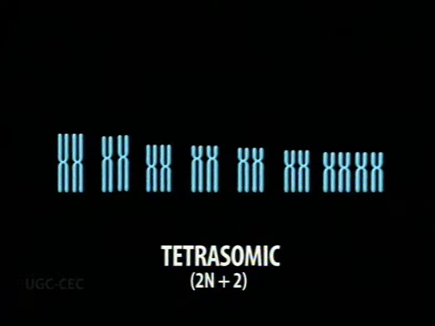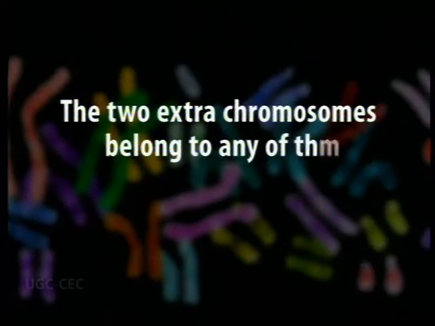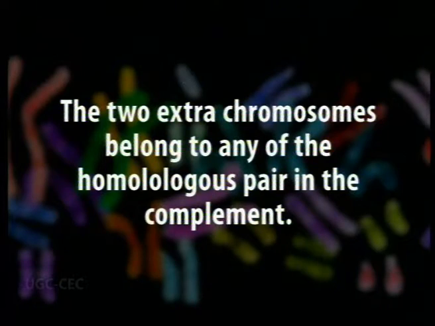Then next one, tetrasomic condition. It is a condition where a whole chromosome pair is extra in an individual, so that a particular pair of chromosomes which is extra is present 4 times in a diploid condition, and hence this extra pair of chromosomes can belong to any of the pairs, and therefore the possible number of tetrasomics in an individual is equal to the number of chromosome pairs in an individual.